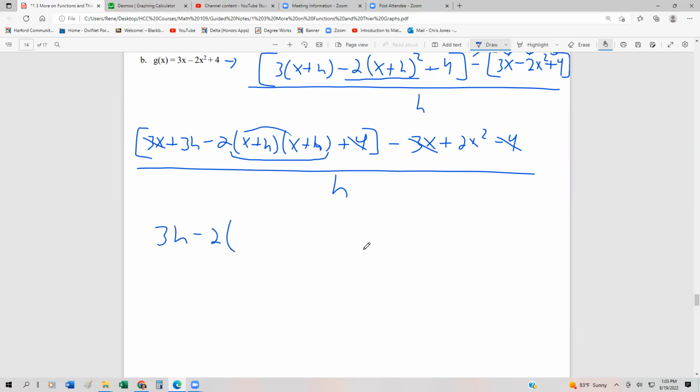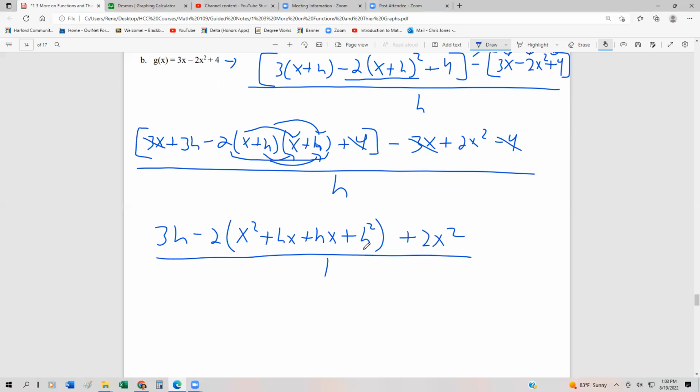And now I'm going to do first, outer, inner, last. So we get x squared plus hx plus hx from the inner plus h squared. And then we still have a positive 2x squared. And we're dividing all of that by h.